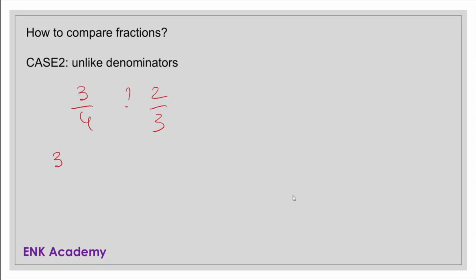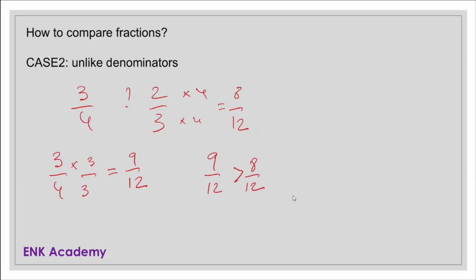That means if I multiply 3 over 4 by 3 in both cases, that will give me 9 over 12. The same way here we can multiply by 4, that will give me 8 over 12. And now they have like denominators, and because 9 is greater than 8, that means 9 over 12 is greater than 8 over 12.